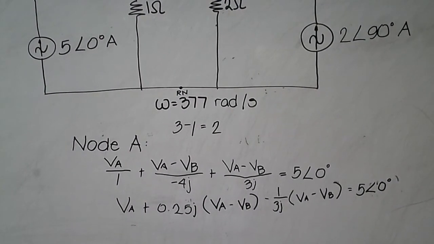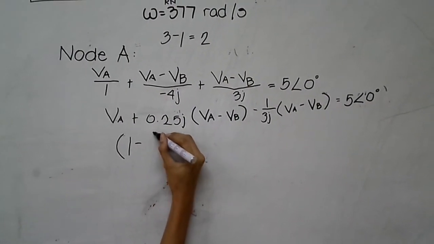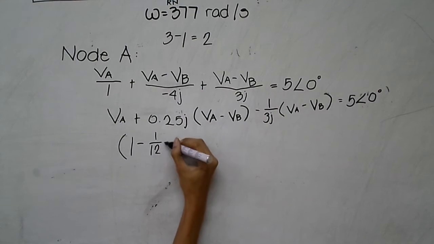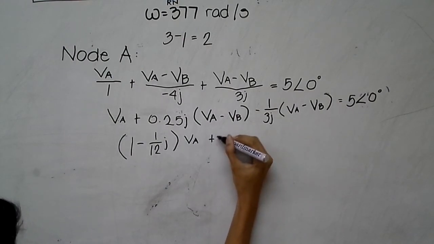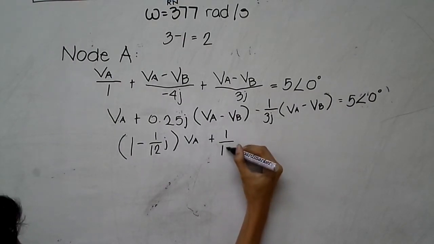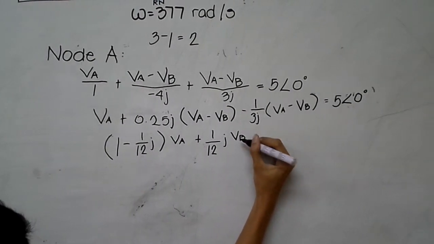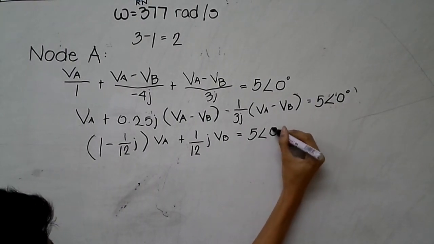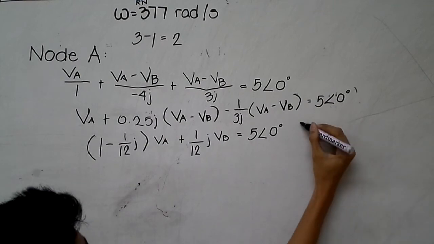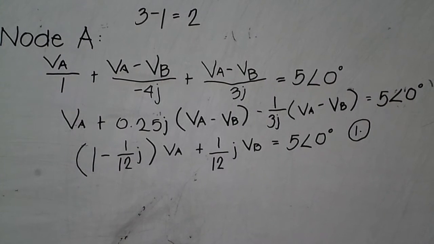Simplifying further, we'll get 1 minus 1 all over 12j VA plus 1 all over 12j VB is equal to 5 angle 0 degrees. And this will be our equation number 1 for node A.